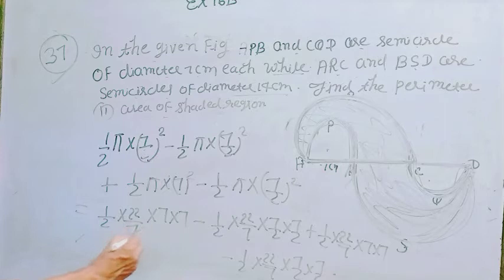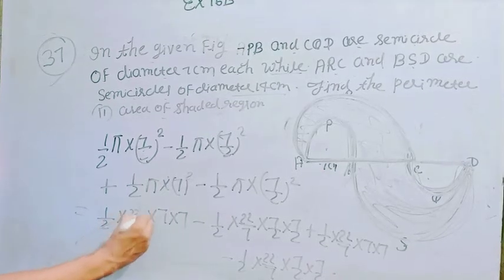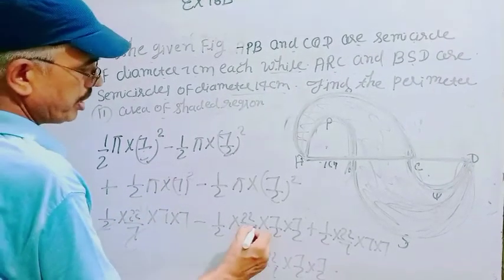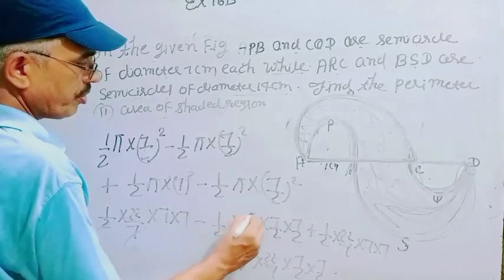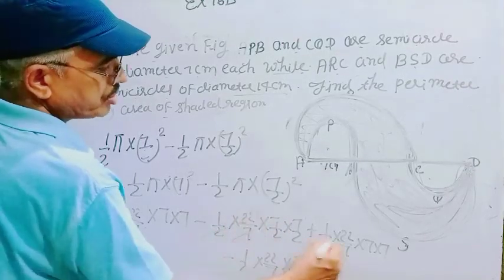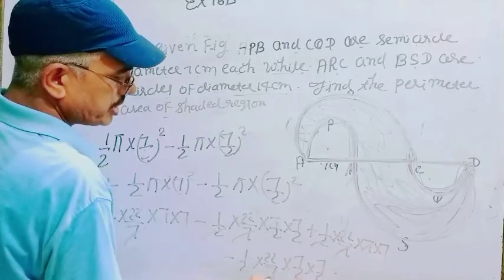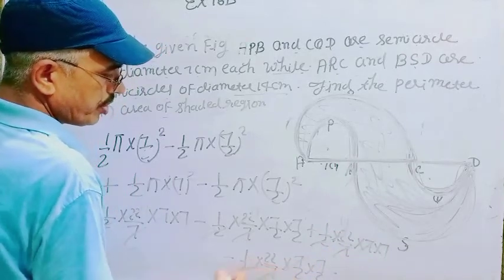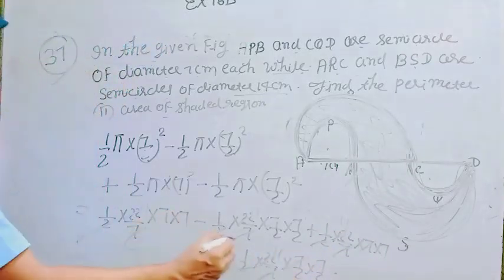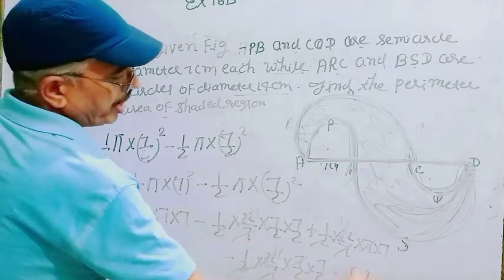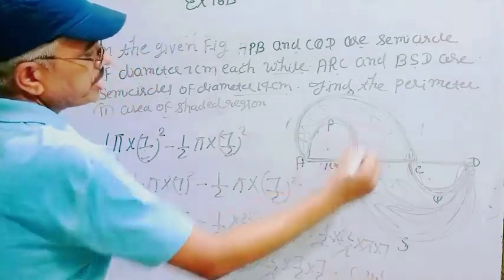So you cancel the 7s, 7 and 2 are 11. Similarly here. You add and subtract, then you can get the area of this shaded region.